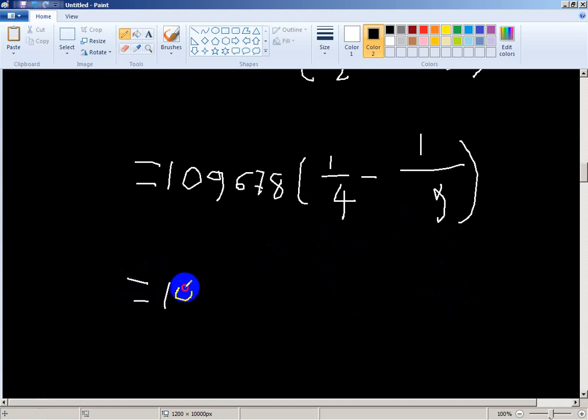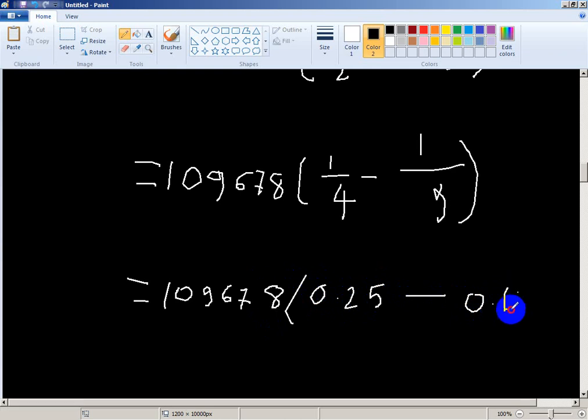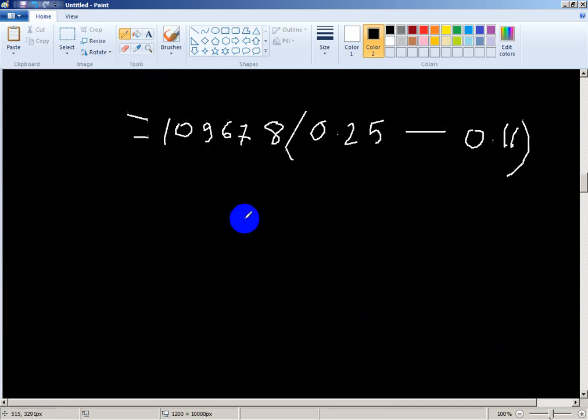We need a scientific calculator. 1 divided by 4 equal to 0.25, and 1 divided by 9 equal to 0.111. Okay, so we subtract these.